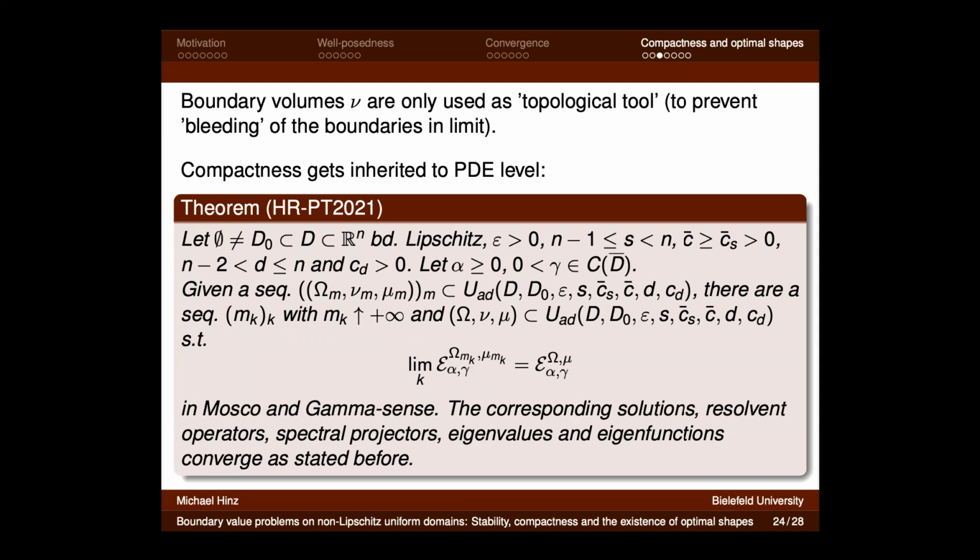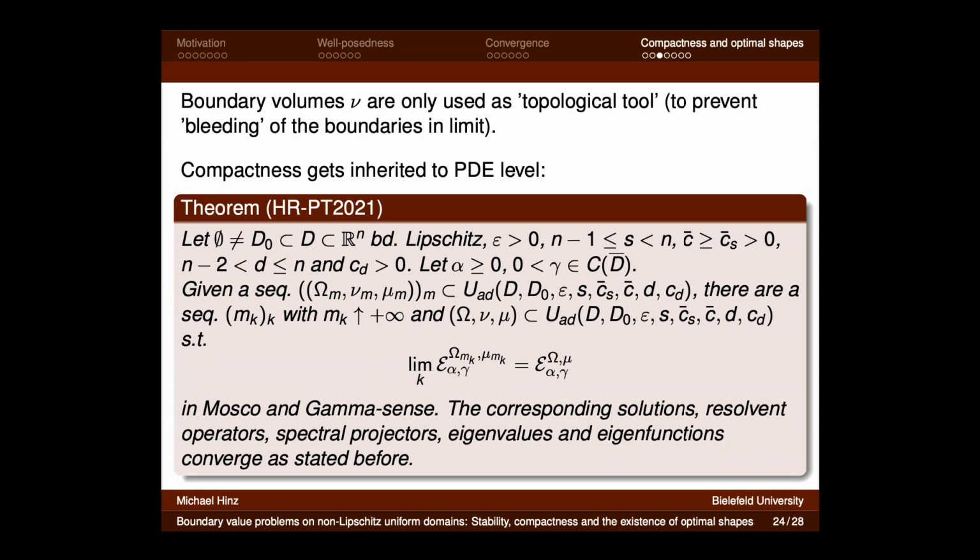So the domain could make some intestinal structure. And to prevent this, we use these measures nu. This is basically behind it. Now, what we can do if we fix such parameters and we look at a sequence in such a parameterized class, then we can really observe compactness.